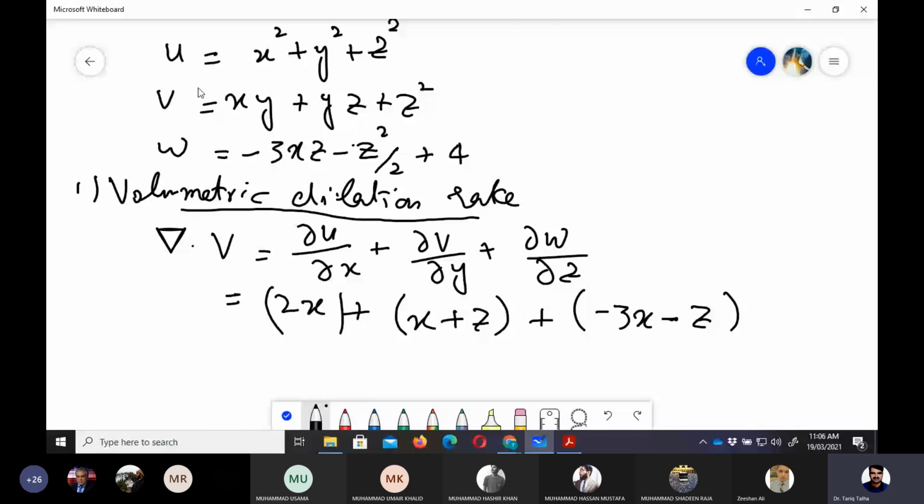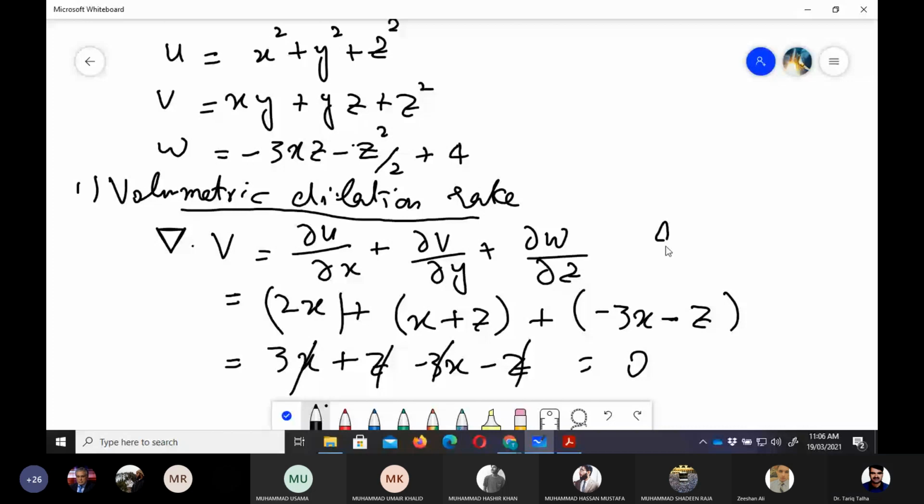So if you simplify it, that would be equal to 3x plus z minus 3x minus z. So this would be cancelled. So volumetric dilation rate is equal to 0, which means that this flow is incompressible. This flow field is incompressible because the volumetric dilation rate is equal to 0.